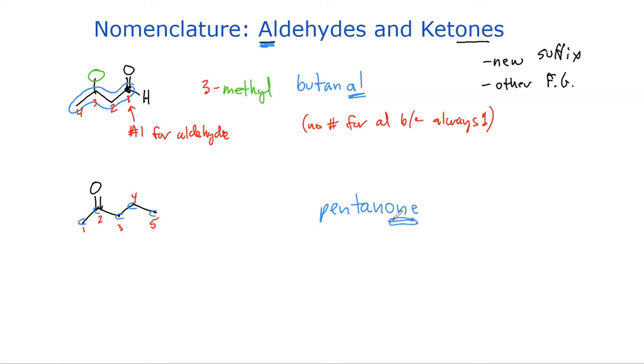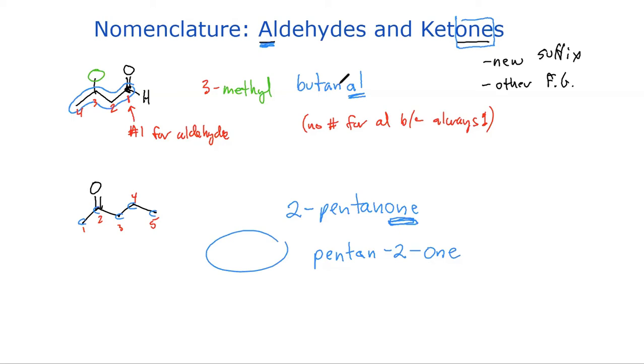Ketones use the -one ending for ketone. And we have to give it the lowest possible number, which is not always a 1, so we have to list it. So we have 2-pentanone, or if we use the more current IUPAC rules, pentan-2-one. Now, if we have substituents, we would list them in the front here, just like we would for the aldehyde.